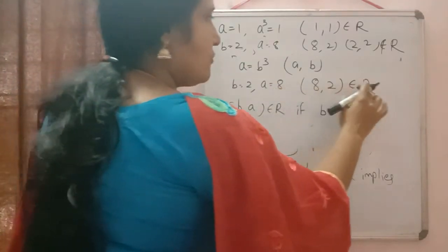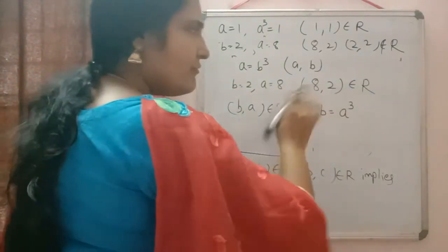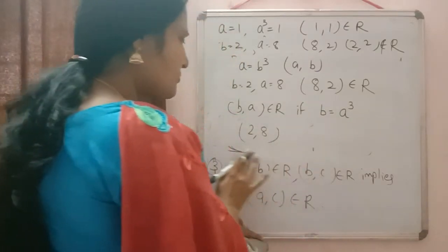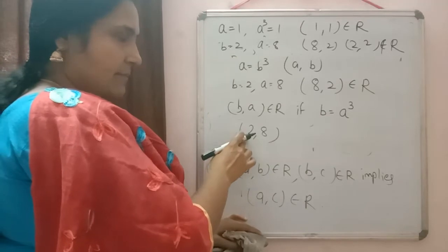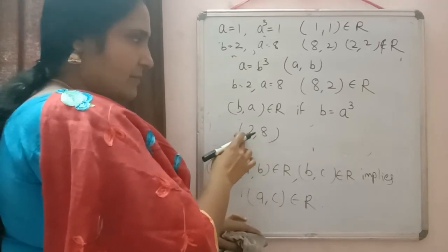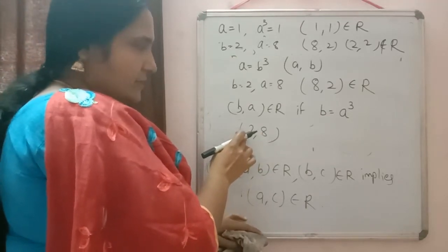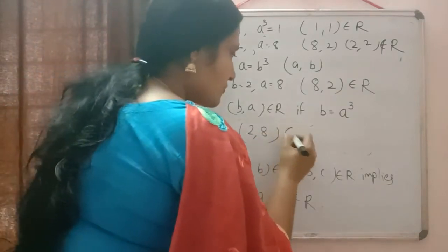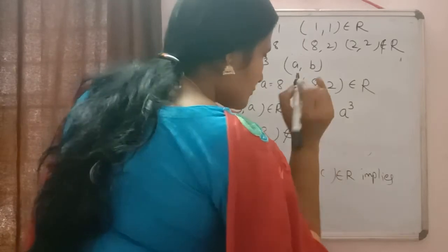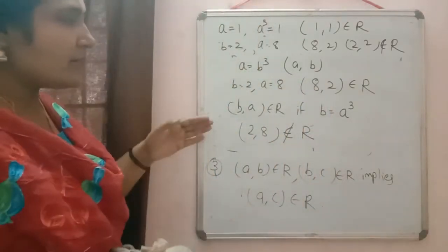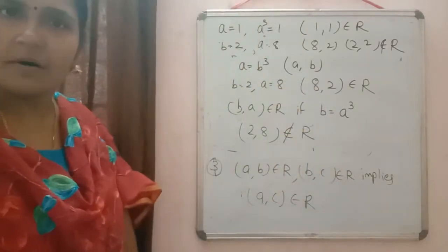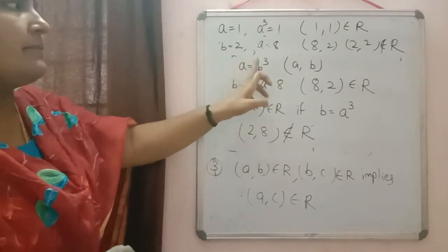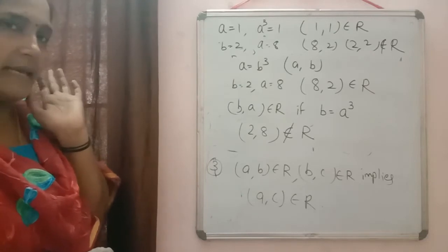So (8, 2) belongs to R. Now if we reverse the order, (2, 8), does it belong to R or not? Is the first element the cube of the second element? Is 2 the cube of 8? No. So (2, 8) does not belong to R. Therefore, the second property is also not true by the rule which is given.